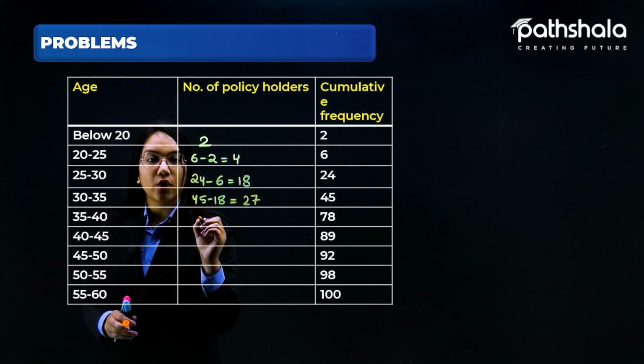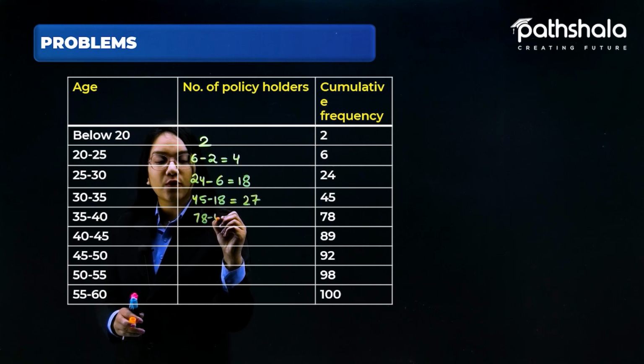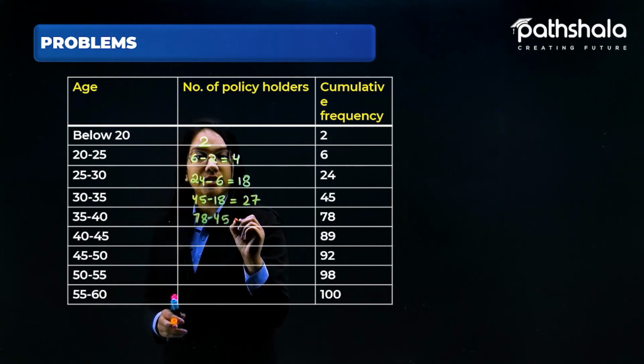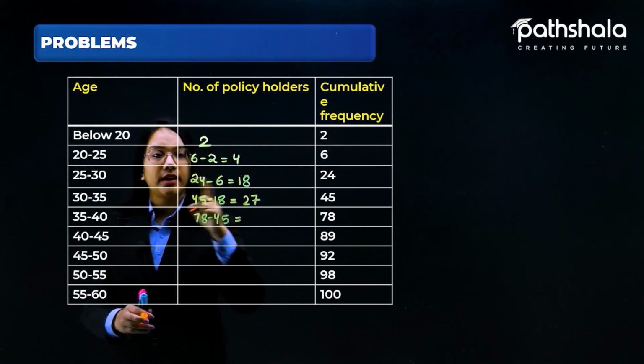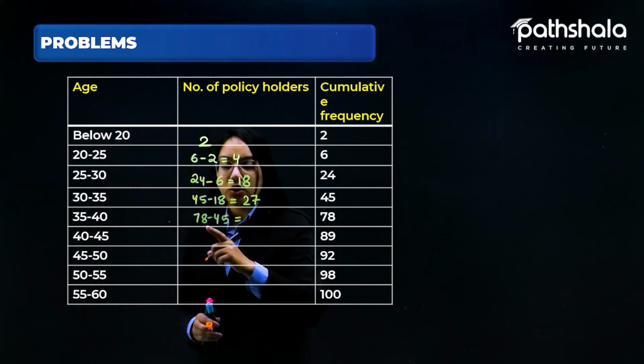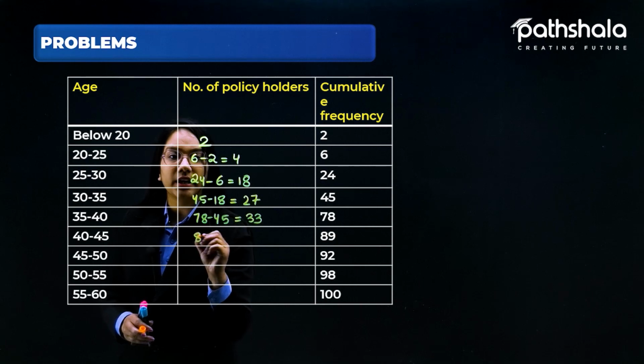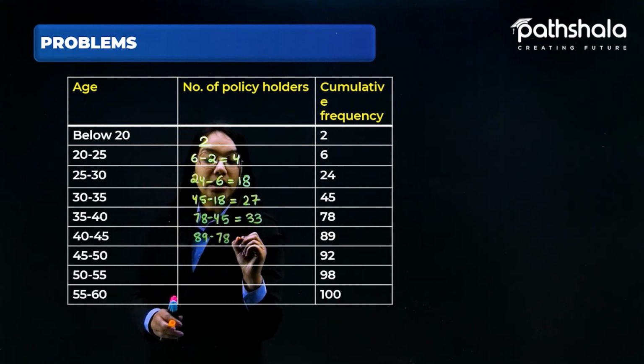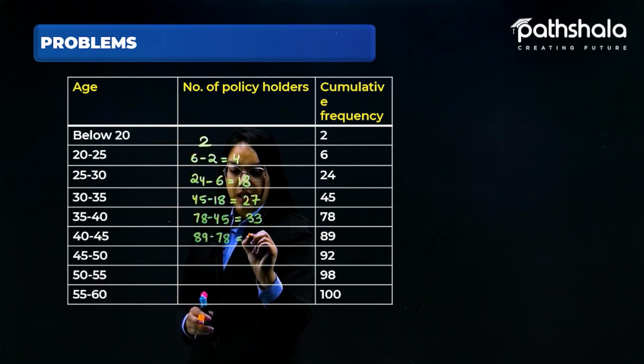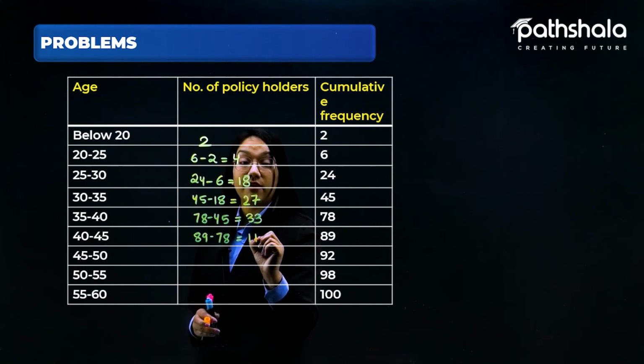Now for 35 to 40, we have 78 minus 45, which is the number of policyholders lying between 35 to 40. This is 33. In a similar manner, the next is 89 minus 78, which is 11.